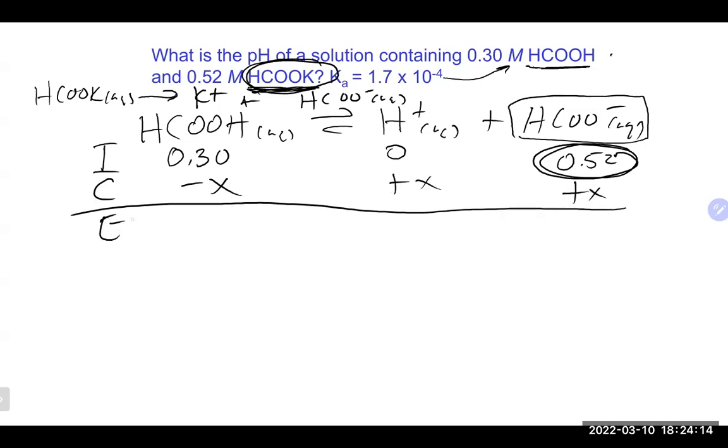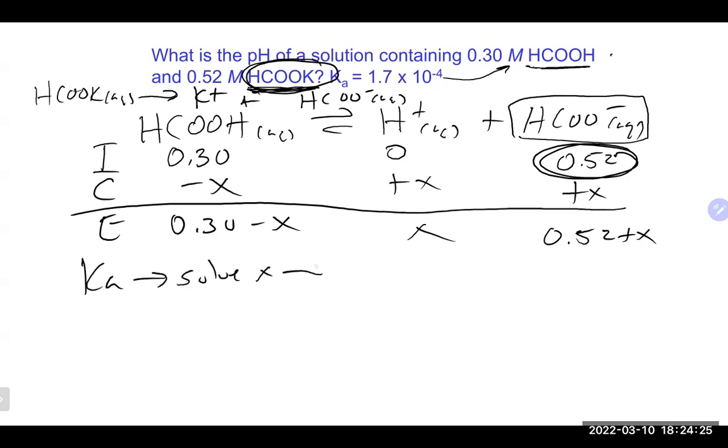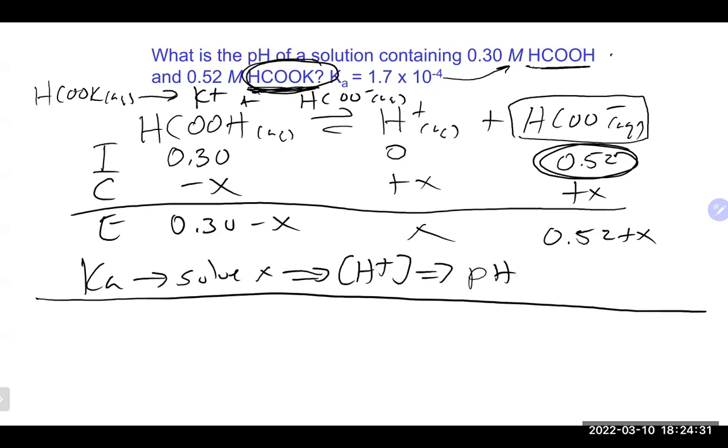That's why you need it. So 0.3 minus X, X, and 0.52 plus X. Then it goes into our Ka, solve for X, and get the H plus concentration and then our pH. So that is one approach, perfectly legit. If you're comfortable doing it and you like ice tables, you absolutely could do it that way.